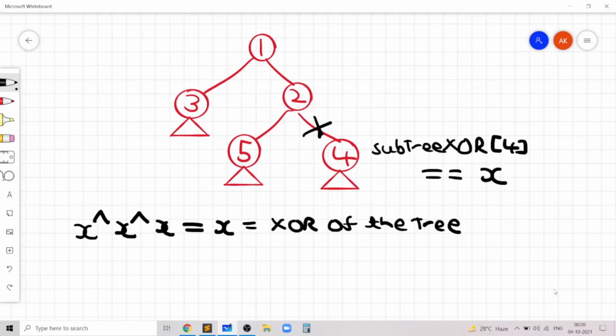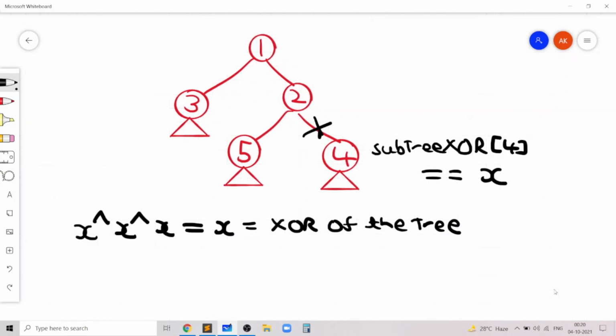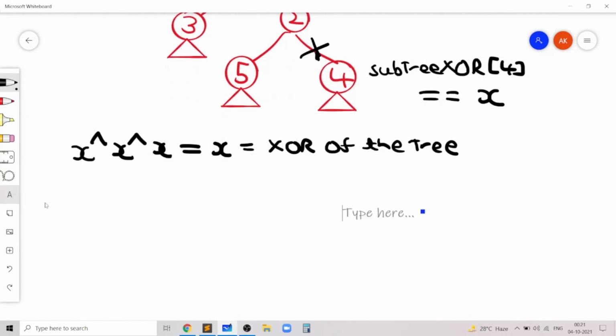So keeping these details in mind, notice that once we delete the edge from 2 to 4, we also need to choose one more edge to delete. And there are 2 cases for the edges which we can delete. So the subcase 1, or basically the second edge to delete. So there are 2 cases for the second edge to delete.